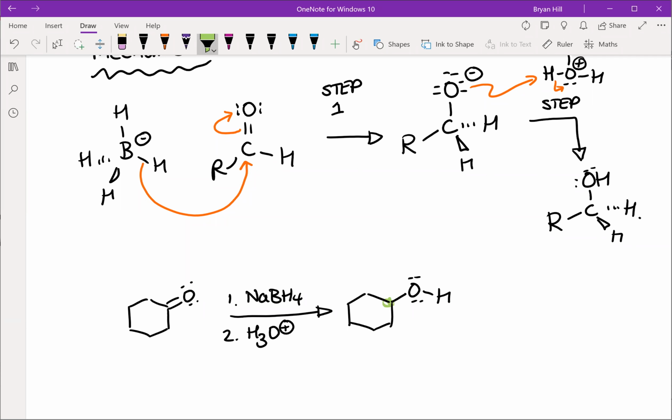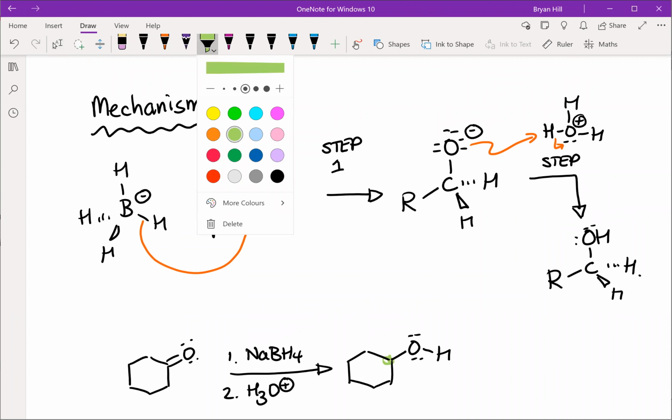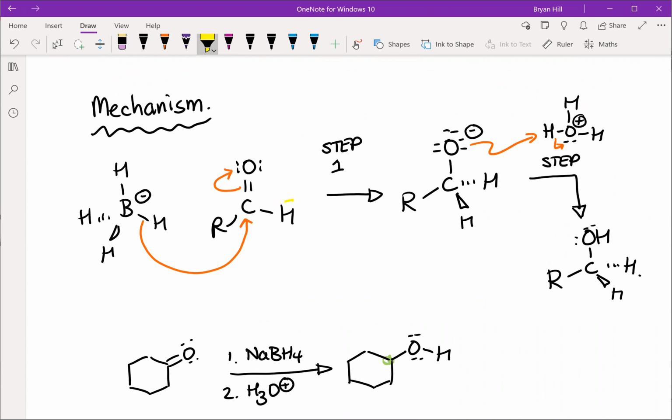So it'll always be step 1, step 2. Basically that's a very simple reduction of aldehydes or ketones. In this case I had a proton on this side, but really just replace that with any other carbon and the mechanism's exactly the same.